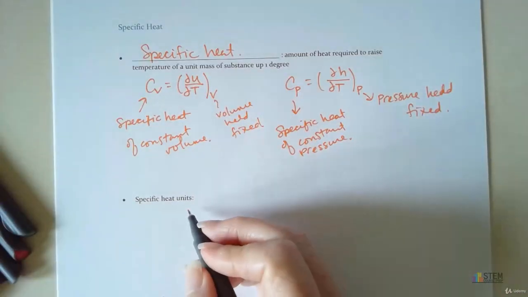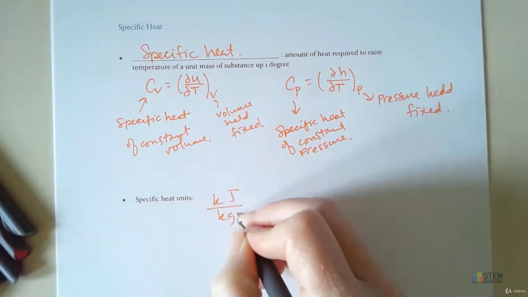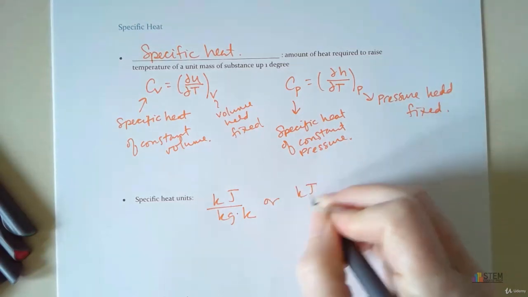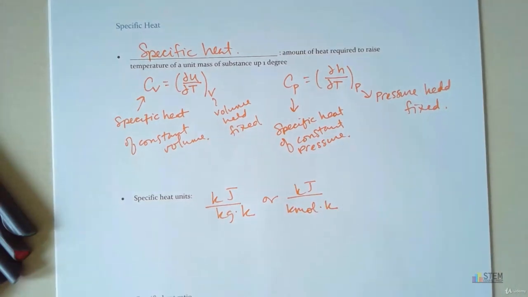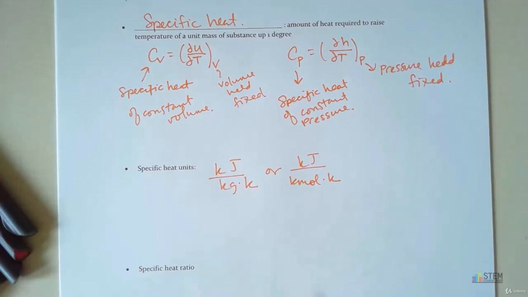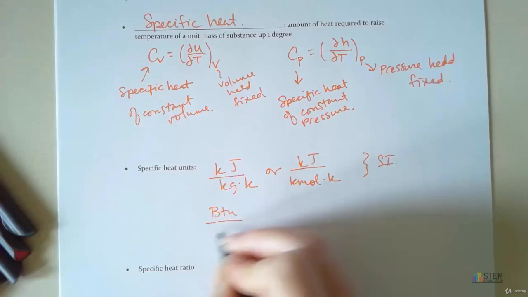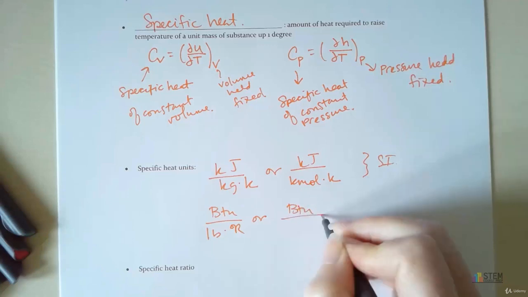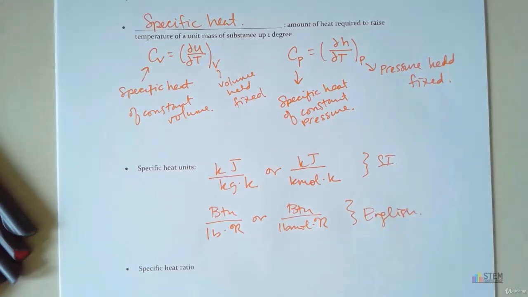Now our units are going to be kilojoules per kilogram Kelvin, or sometimes kilojoules per kilomole Kelvin. This would be the SI system. In the English system, you're going to have BTU per pound degree Rankine, or BTU per pound mole degree Rankine. So those will be your units.